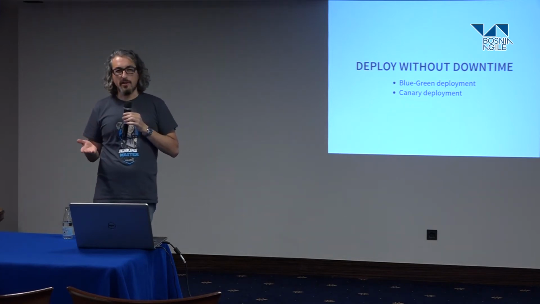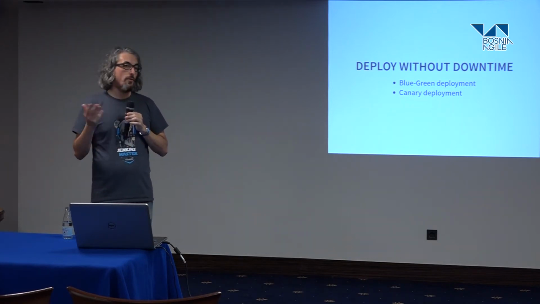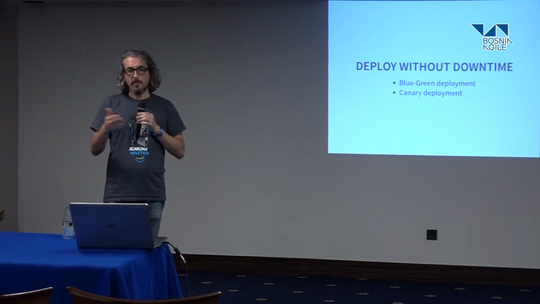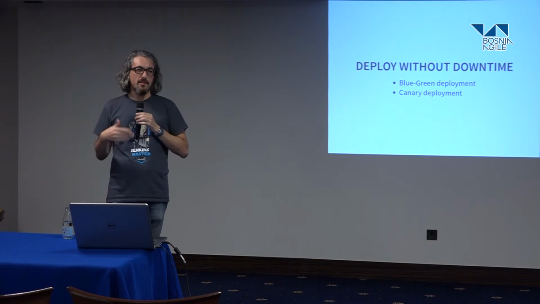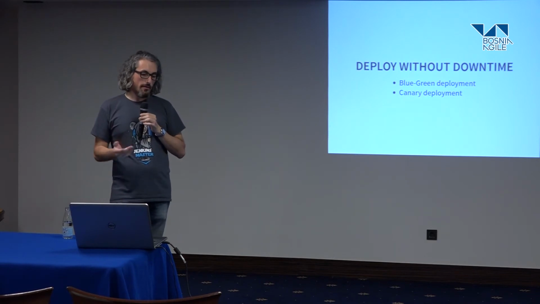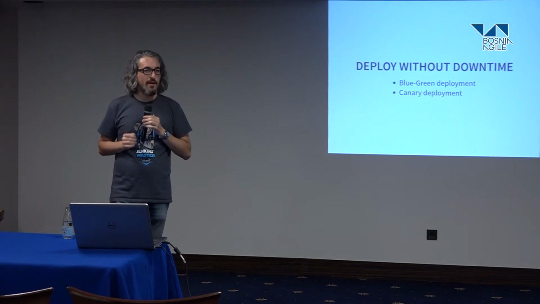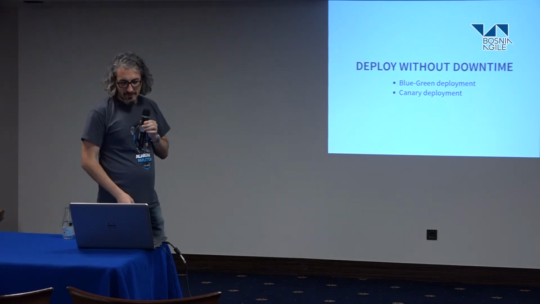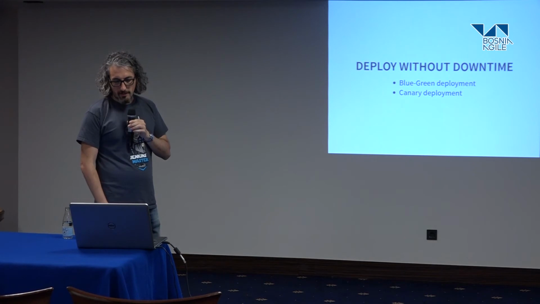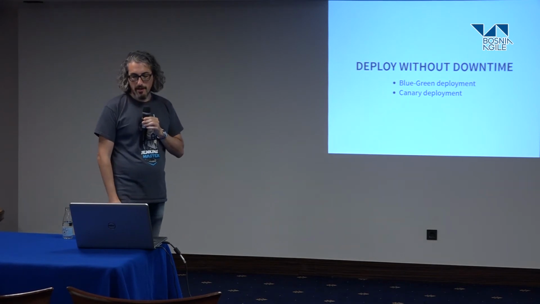If you are deploying continuously every hour, every 2 hours, once a day, and multiple services at the time, having 5 minutes per deployment per server is probably not going to be good. Depends how picky your clients are. So there are some options like blue-green deployment or canary deployment.